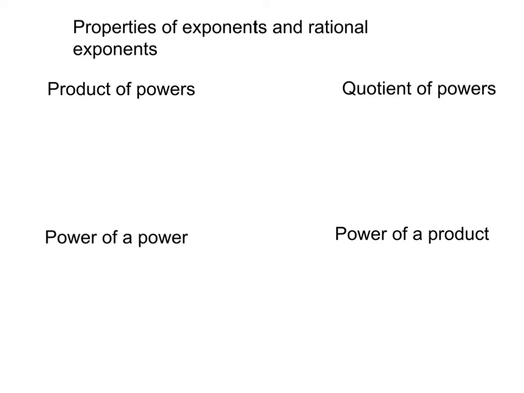Okay, today we're going to look at properties of exponents and applying them to rational exponents. We know that first, when we have product of powers, for example, a to the m power times a to the n power equals a to the m plus n.